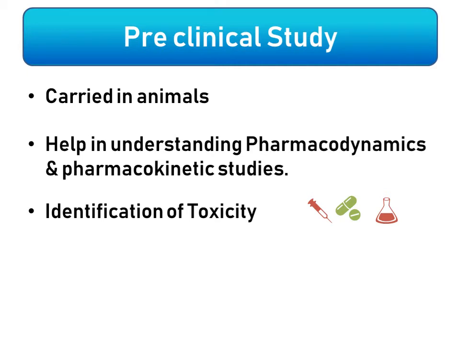So first, the preclinical studies. Mostly the preclinical studies are carried out in animals, which are helpful for understanding the pharmacokinetic and pharmacodynamic studies, along with the identification of toxicity of any new drug molecule on animals, so that sufficient data is available for carrying out the clinical trials in human beings.